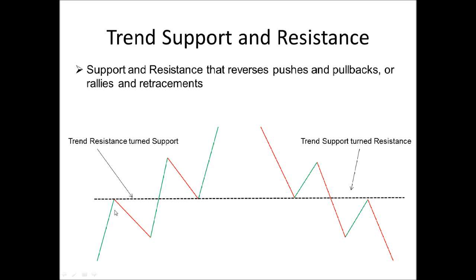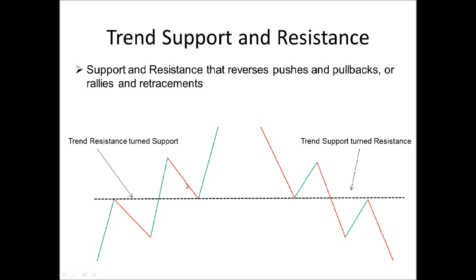When price pushes, at some point it's going to retrace, and this area where price reverses creates resistance. Price pulls back and once again reverses from a pullback to a push, and this acts as resistance. Price then pushes and pulls back, another resistance.